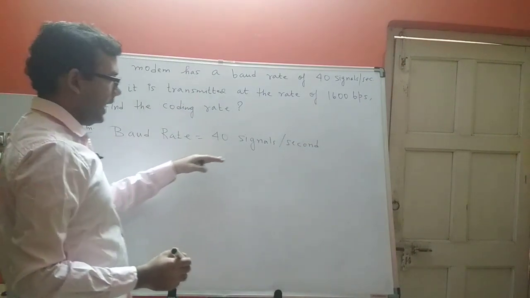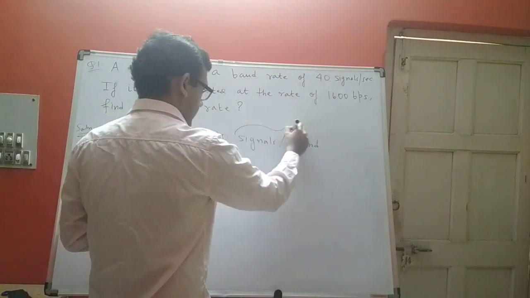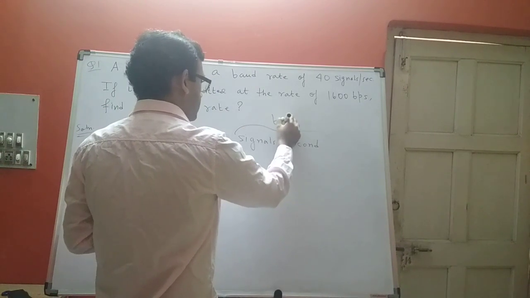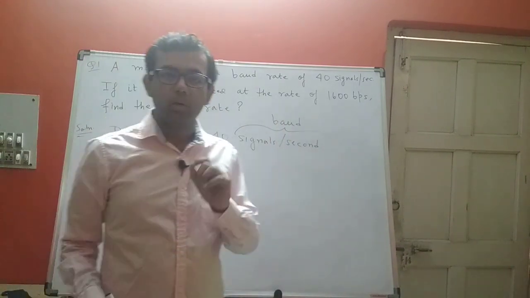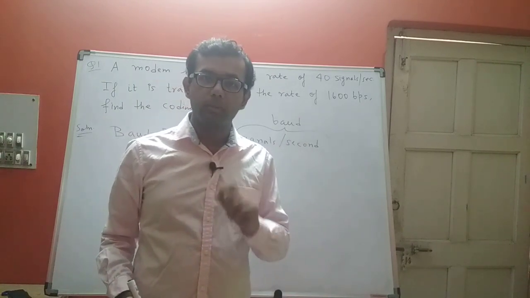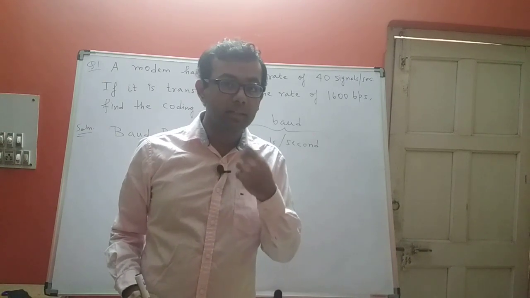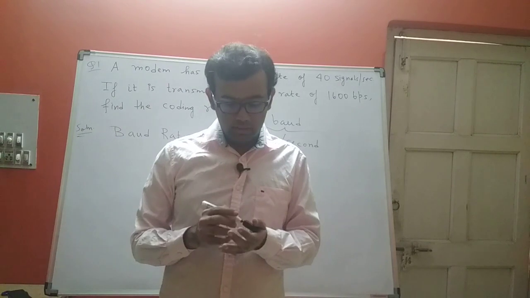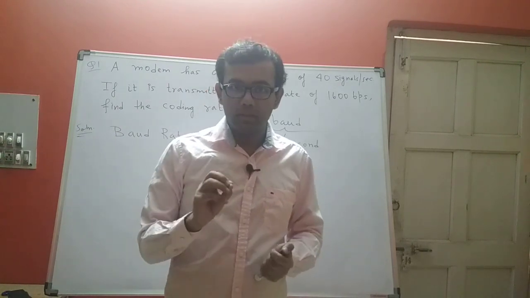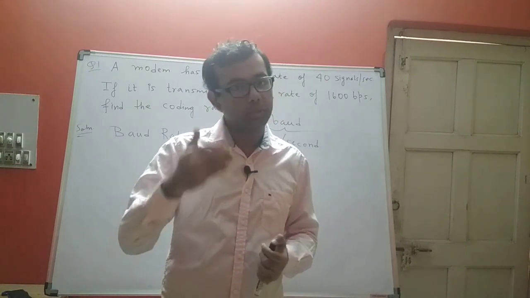Now remember, instead of writing signals per second, even if the question had only baud, it means the same thing, because one baud refers to the number of signals transmitted per second. And what does each signal element consist of? I'll repeat once again. One baud is the number of signal elements or number of signals transmitted per second.